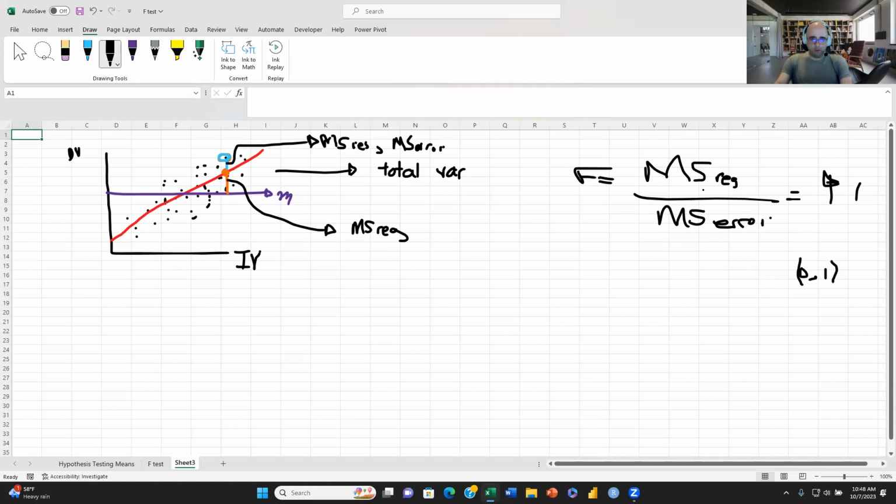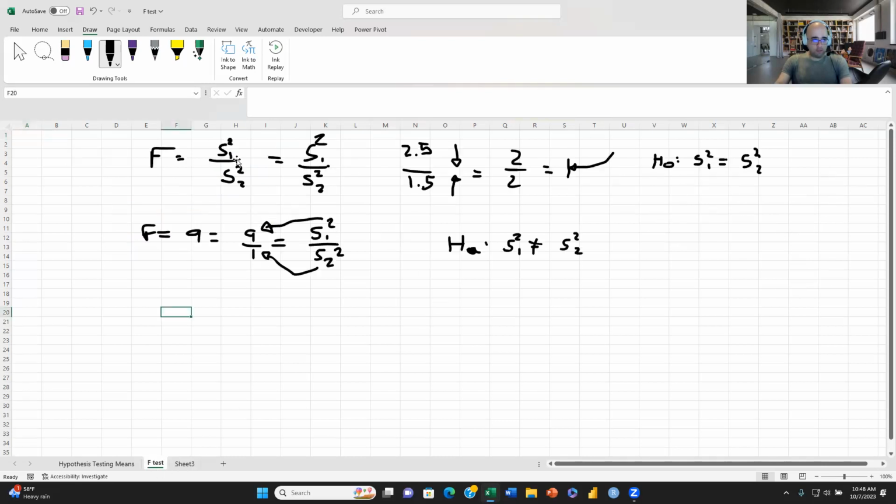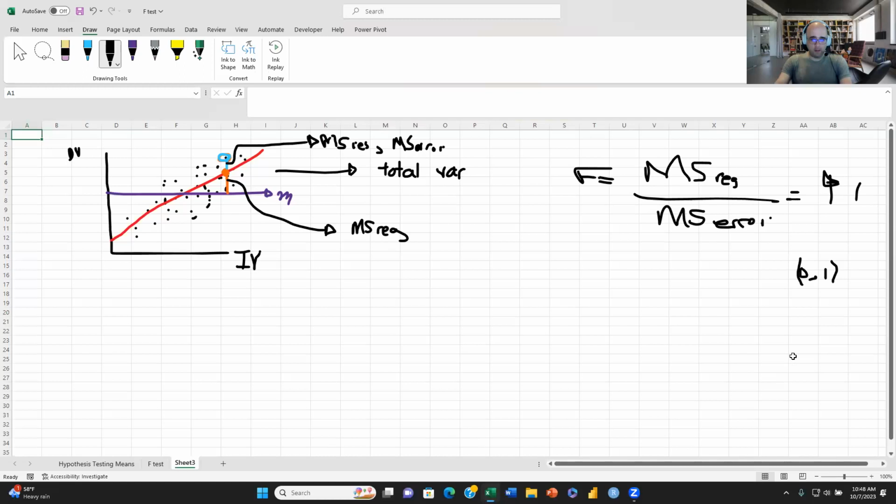If your mean squared regression is the same as your mean squared error, you get an F of 1. If you have no relationship at all, you get an F of 0 because all you have is mean squared error, and you have no mean squared regression.